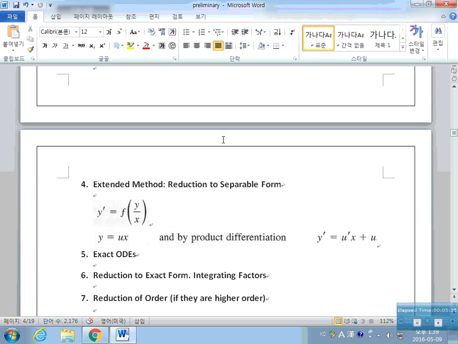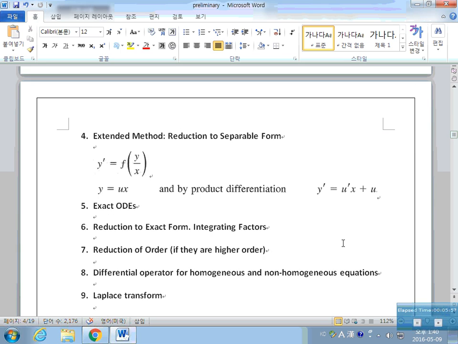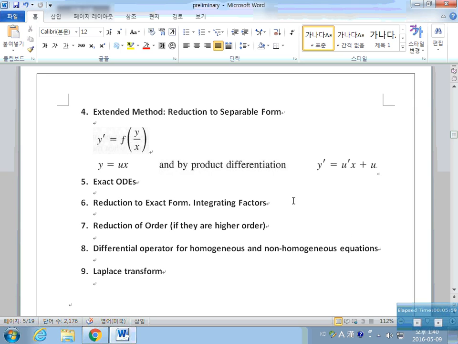Then there is the extended method, in which we reduce the equation in terms of y over x. Those equations which we cannot make separable easily, we adopt this method. We make the form of y over x, and then we solve it using y equals ux and y dash equals u dash x plus u. Then there are two forms of equations, whether it is exact or not, so we have to check the exactness of that equation.